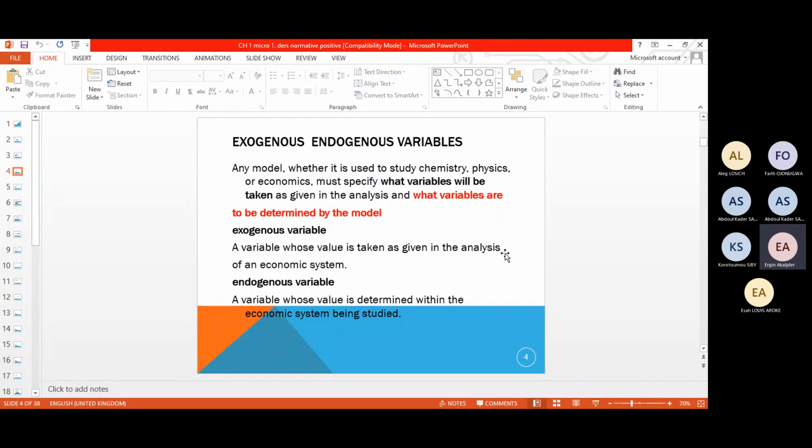And when you are creating a model, it is important to know which variable is affecting and changing what. And usually the exogenous variable is going to be used for affecting and changing the endogenous variables. For example, when we concentrate on the demand equation, Q is equal to A minus BP.